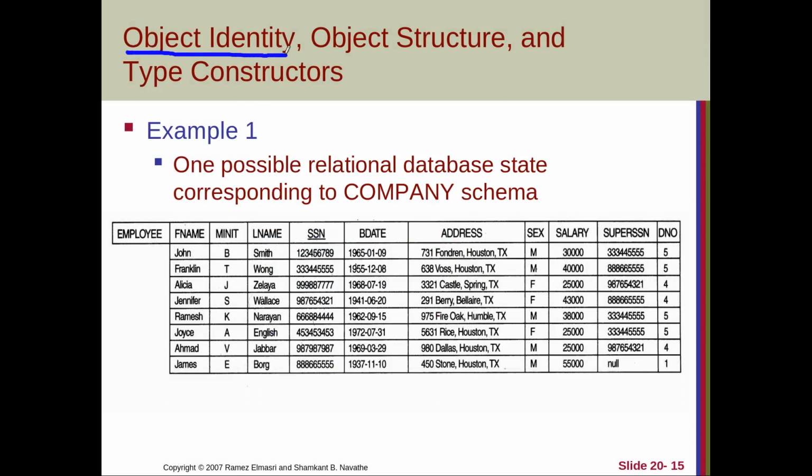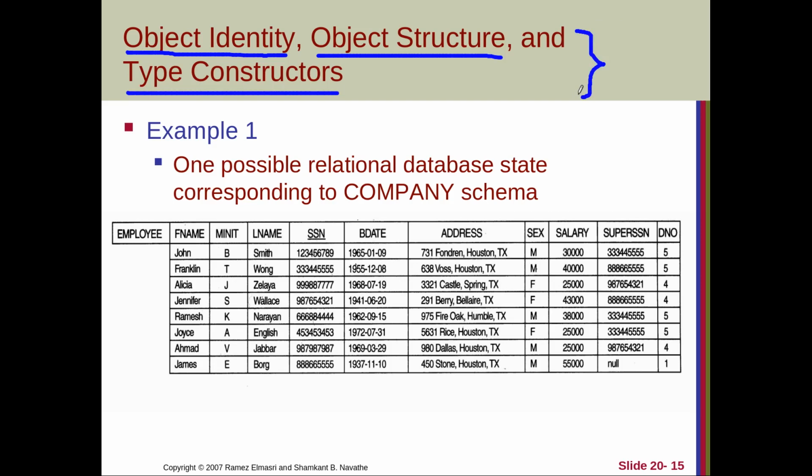Every object in an object database is identified by an object identifier, which is an immutable value, and we can represent the structure of an object by using various type constructors. These 3 points were briefly described in our previous video.